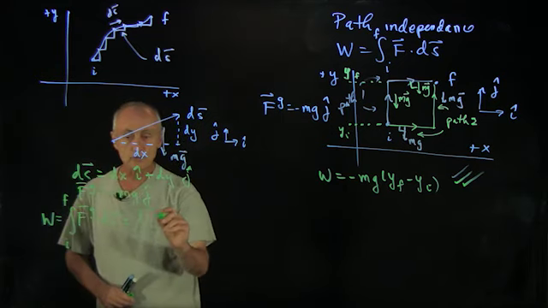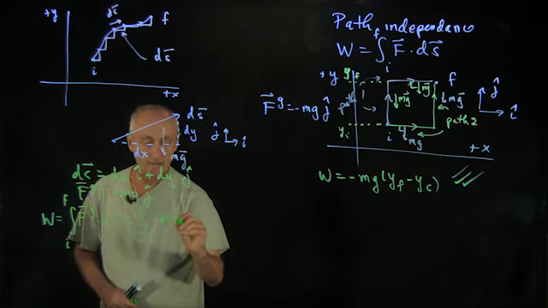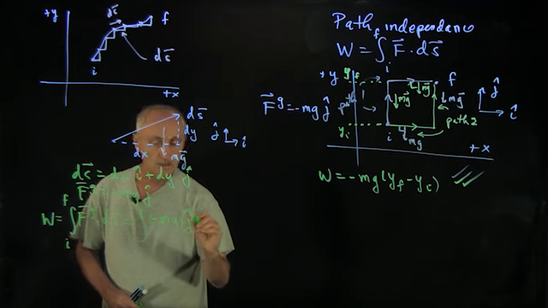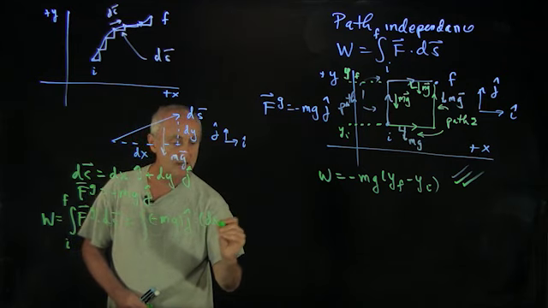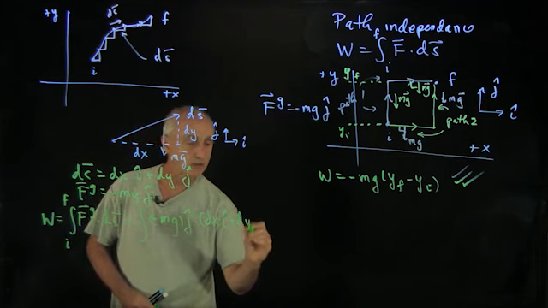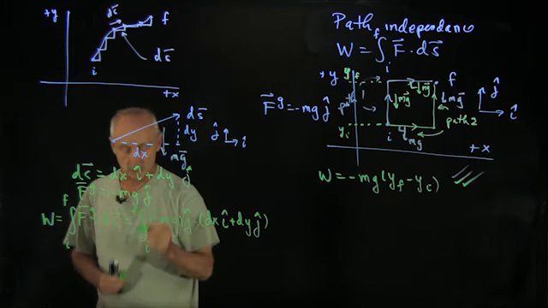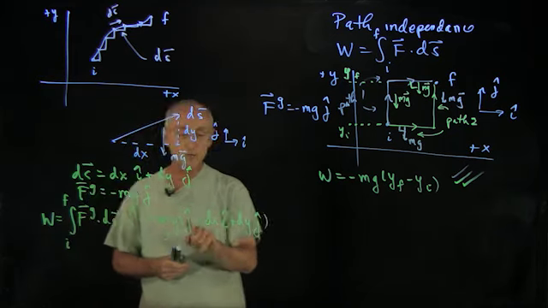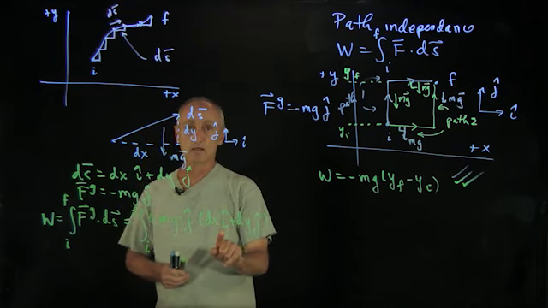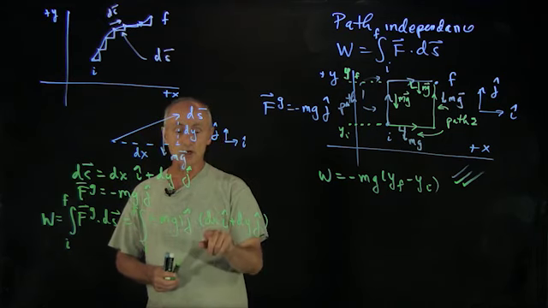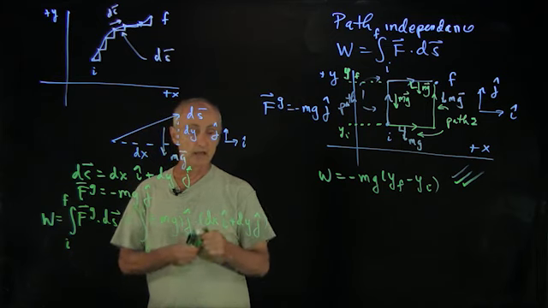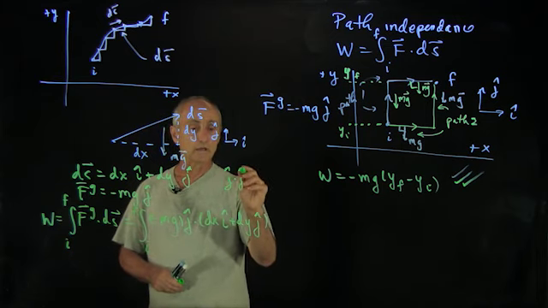And so when we do that, we have minus mg j hat dot dx i hat plus dy j hat, from our initial to the final place. And notice that we have j hat dot i hat. They are perpendicular, so that dot product is 0. And j hat dot j hat is 1.